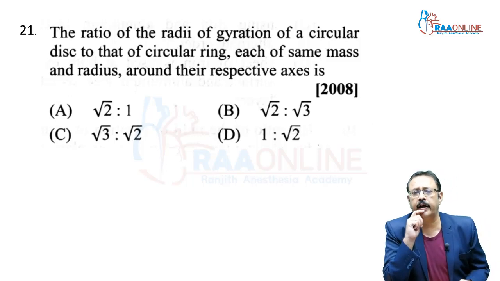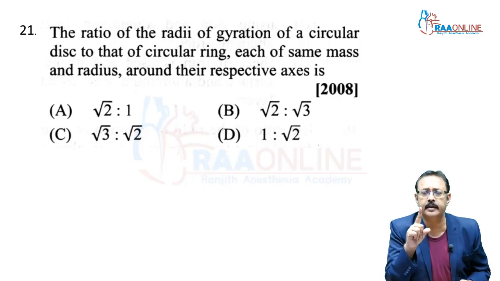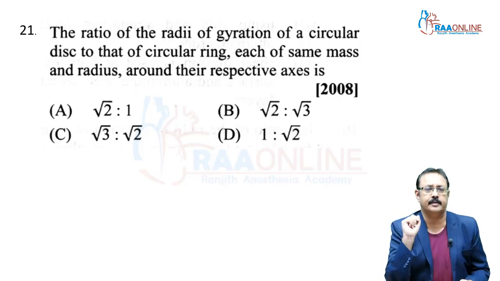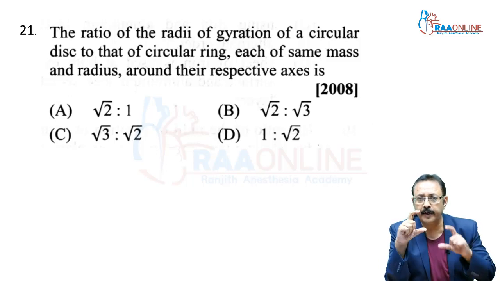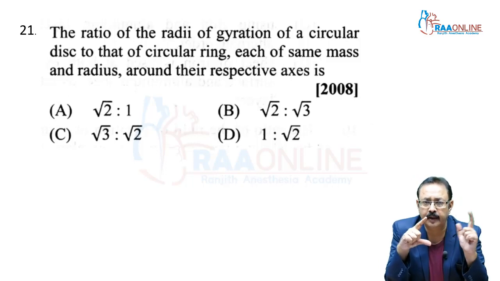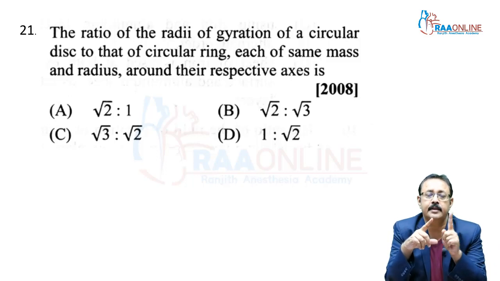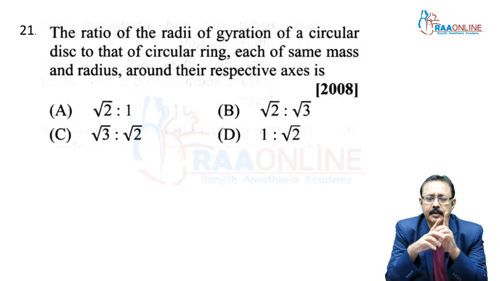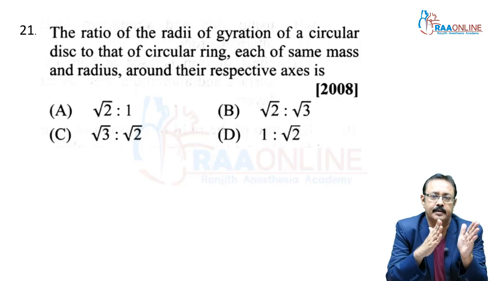The radius of gyration of a circular disk to that of a circular ring, each of the same mass and radius, around their respective axis. What 8 formulas you learned in that theory part? Those axes are known as their own axis.